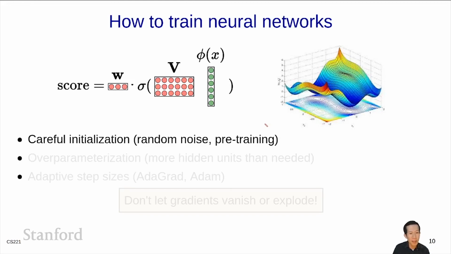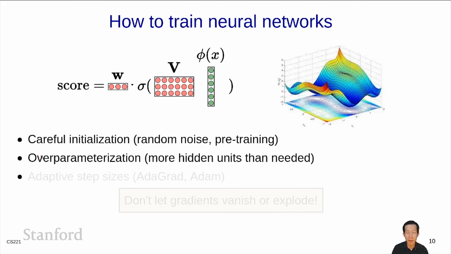So generally, you have to be a little bit careful about how you initialize. You can't initialize at 0 because it turns out that all the rows of your weight matrix are going to be identical, which is not very useful. So you generally initialize around 0 with some amount of random noise, or you can use pre-training to initialize your network as well, which we won't cover right now.